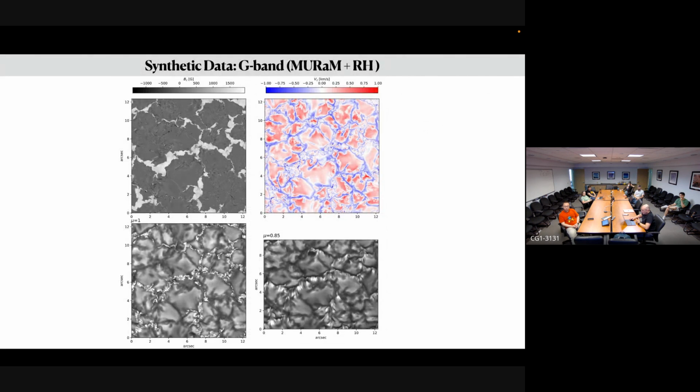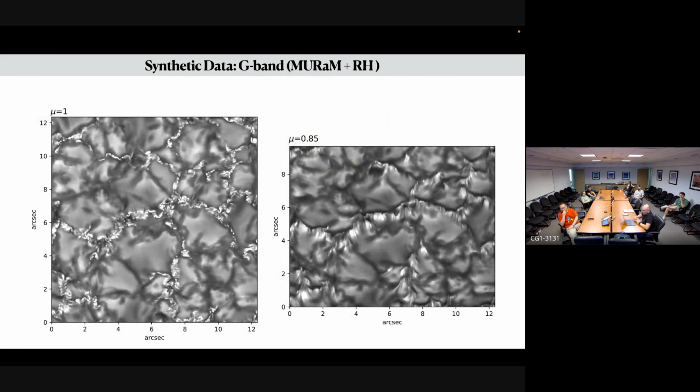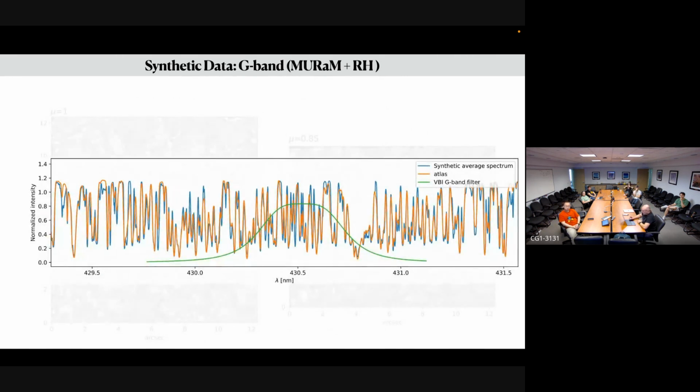Then we calculated G-band synthetic intensities as well. We did it for the disk center at mu equal 1 and at mu equal 0.85, which is the mu of our observations with DKIST. Even at the disk center, we can see some striations.